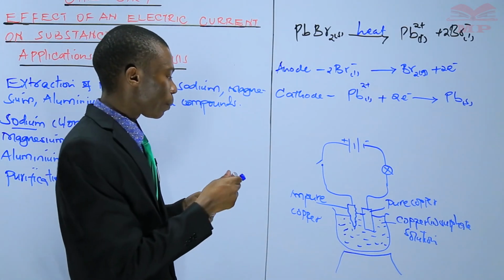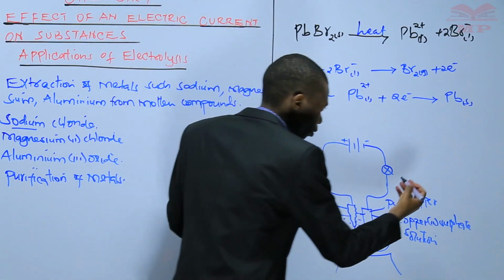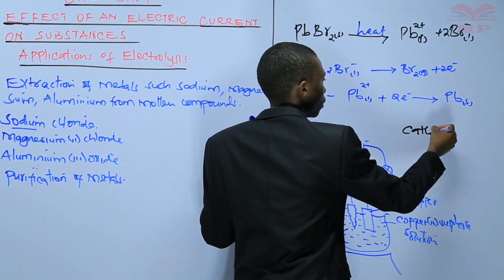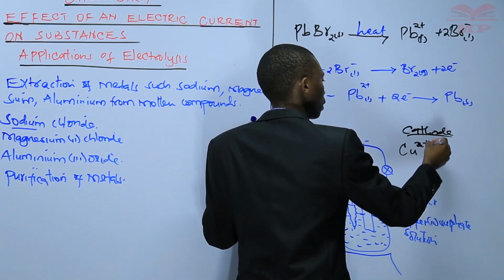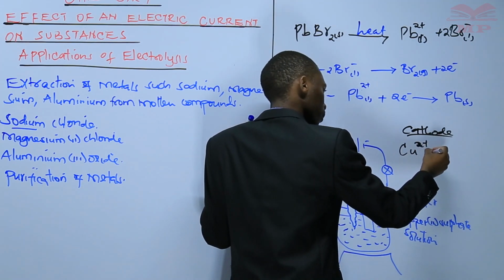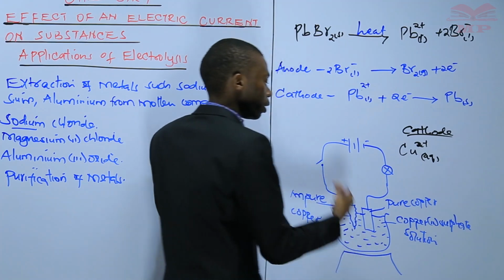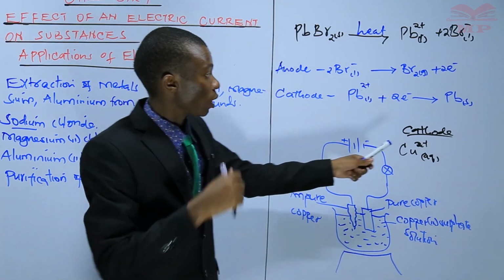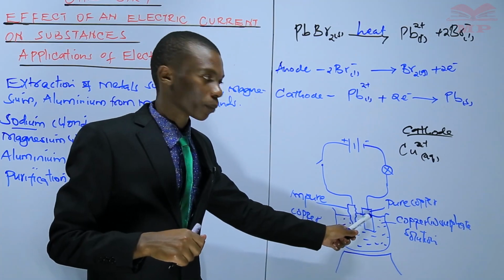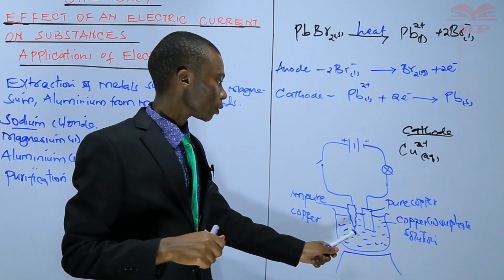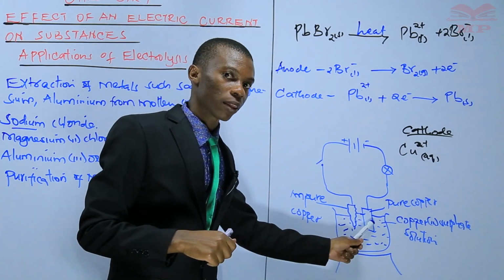And therefore, what happens at the cathode? The copper ions are now migrating because they are positively charged. They get attracted at the cathode, and they migrate towards that cathode.